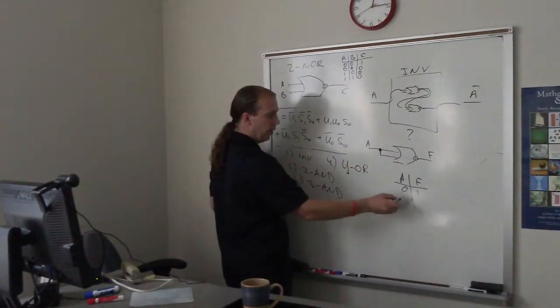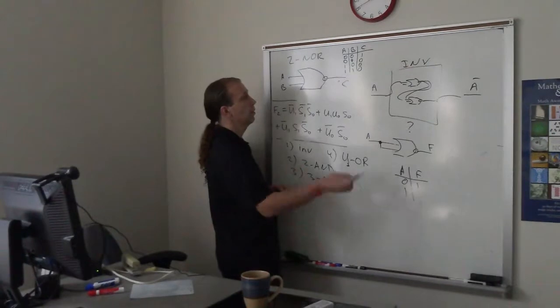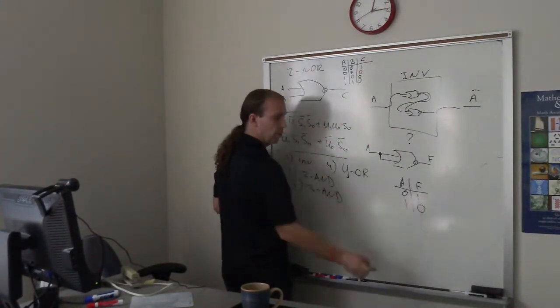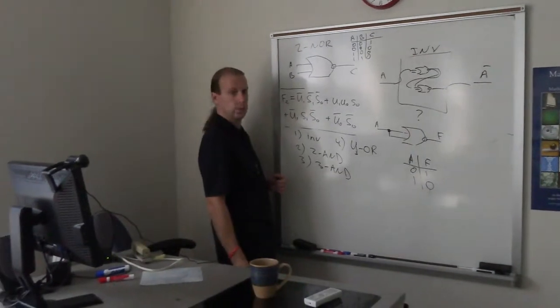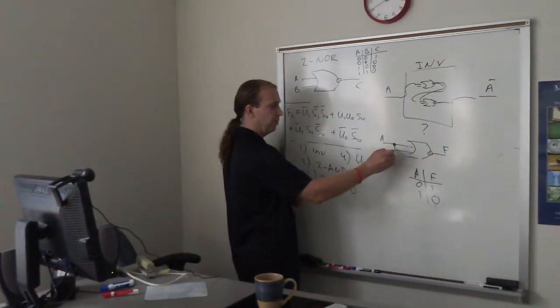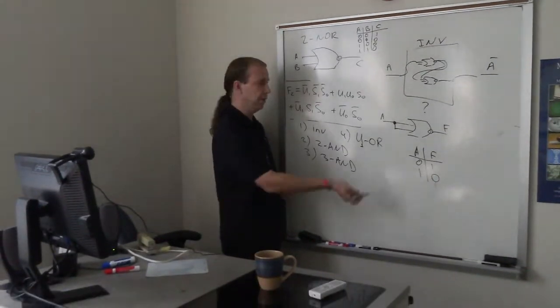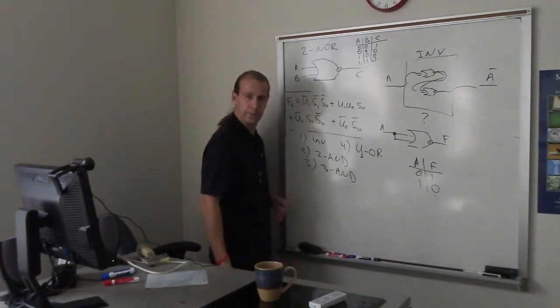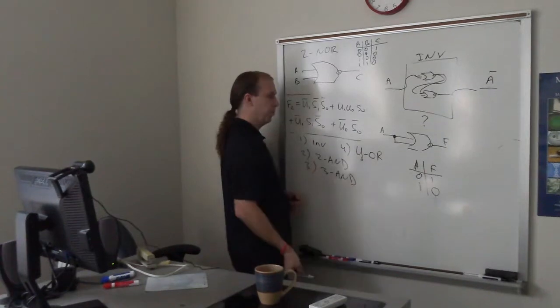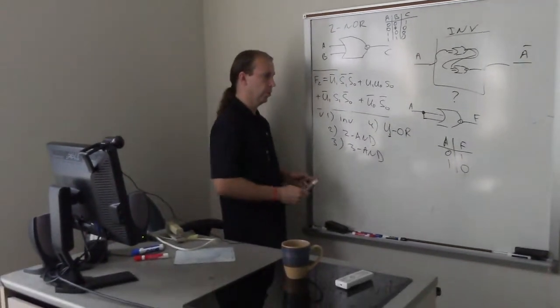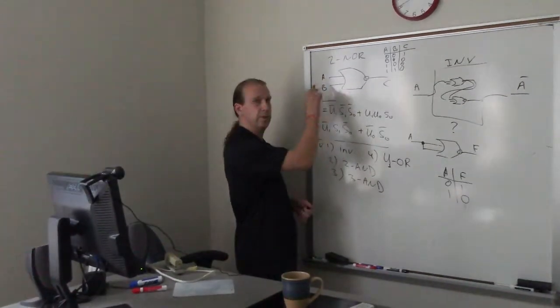When A is 1, both of them are 1s, and the output will be 0. So connecting the 2 inputs of that block gives us an inverter. We're done with step 1, with the first implementation. We just want to use that block and connect 2 inputs.